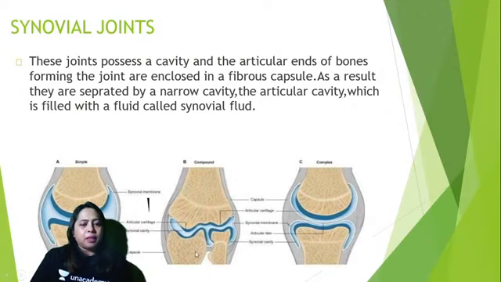And then here you can see there is a slight partition. There is an articular disc, and then there is a compound joint. In this one, you can see there is an articular disc that is separating the two, with an upper compartment and a lower compartment. So again, it depends. There are 3 bones involved in this, and 2 bones involved in this, but there is an articular disc that is separating.